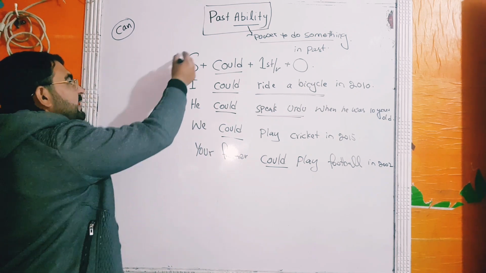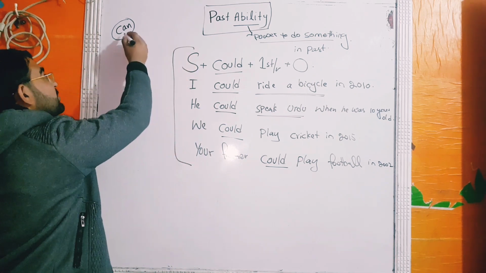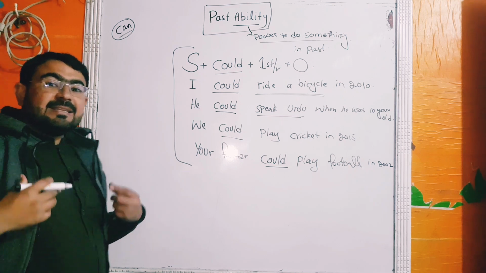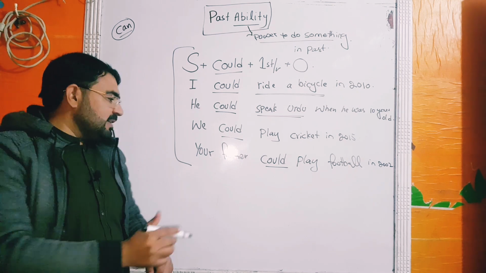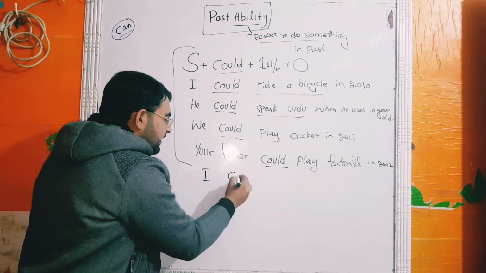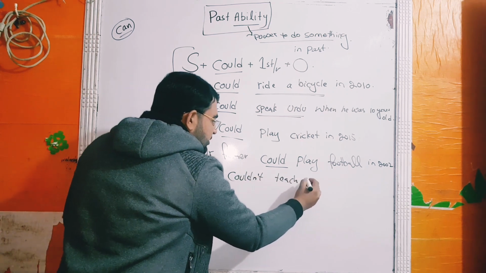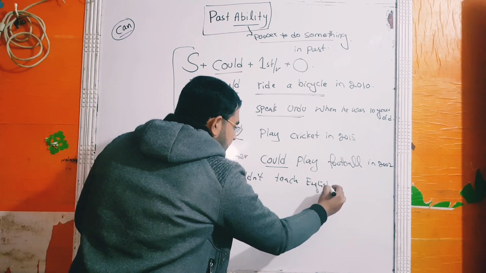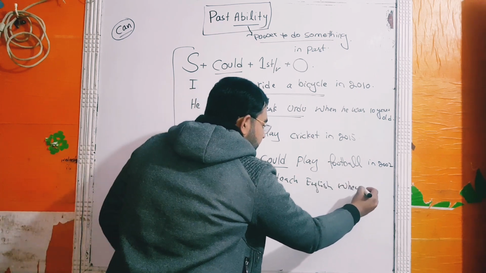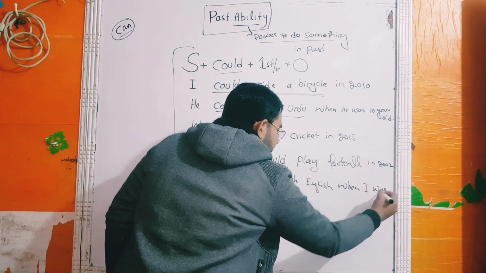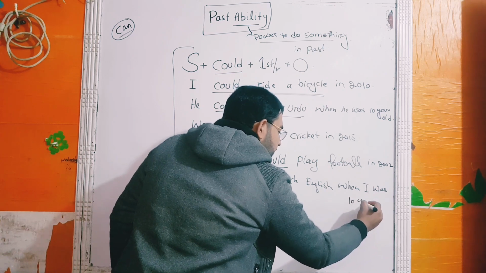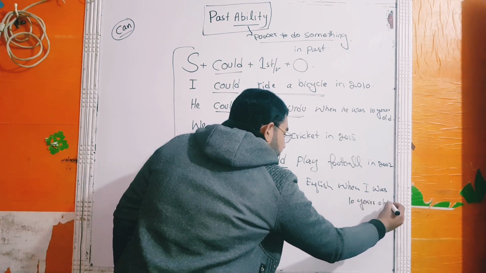If your ability is in present time, we use can. I can teach English, but I couldn't teach English when I was 10 years old.